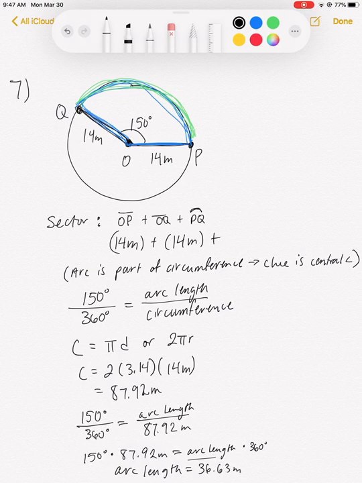I'm going to substitute that back into the perimeter equation.